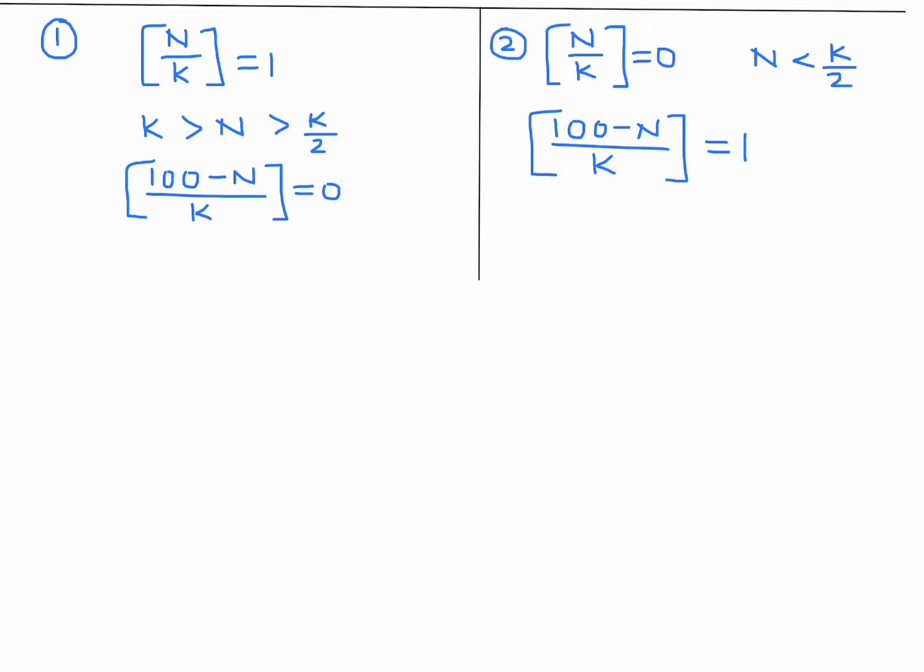First, let's talk about this one because it's a little bit easier. If 100 minus n over k is equal to 1, that is true when 100 minus n is greater than k over 2. But 100 is greater than k over 2 plus n.